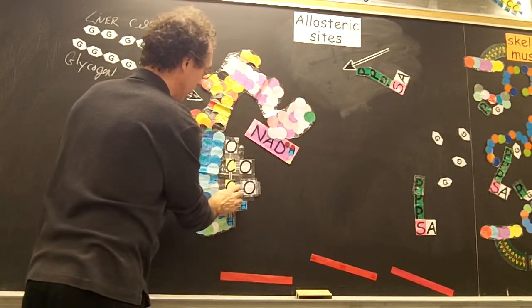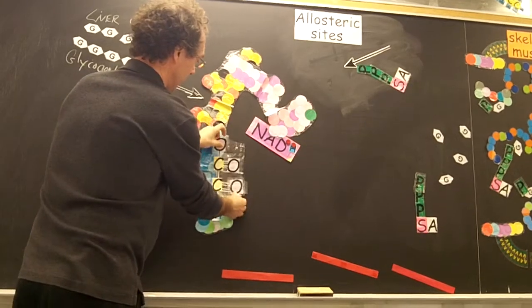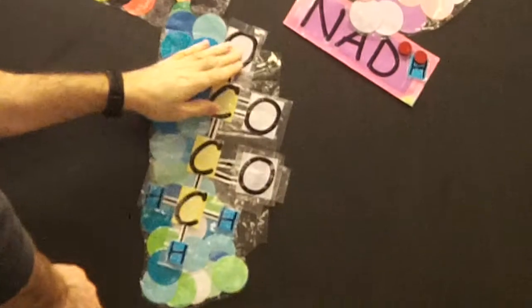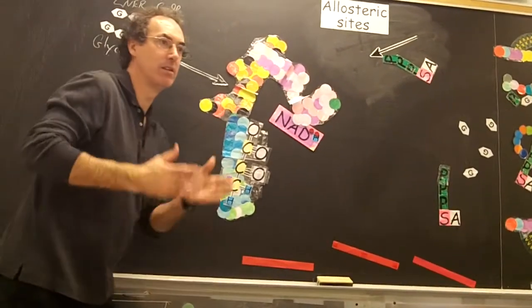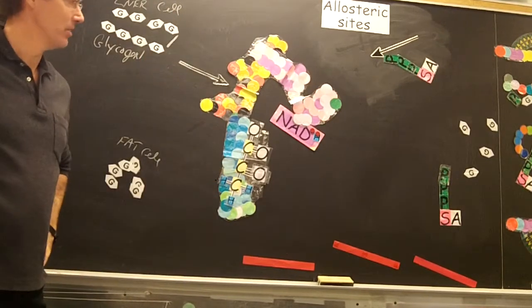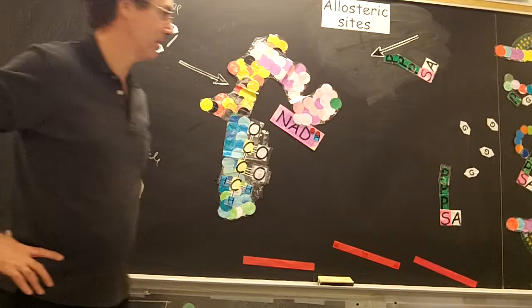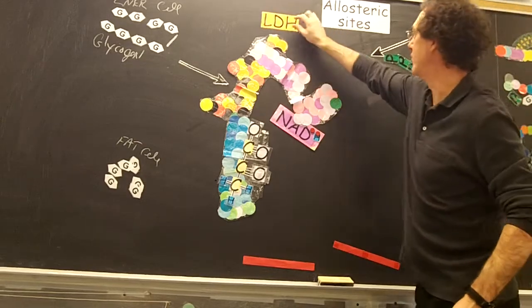Boom. It's a double bond. What do we have here? Pyruvate. So, in simple language, LDH. The name of this enzyme is LDH.